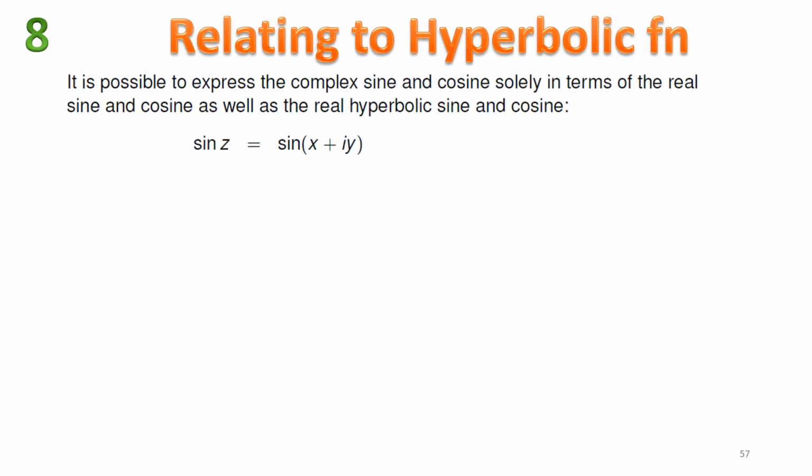Now we are trying to relate the quantities to hyperbolic functions, and sine of z we are writing as sine of (x plus iy). Now we can extend the formula: sine(alpha plus beta) is equal to sine alpha cos beta plus cos alpha sine beta. So here alpha is x and iy is beta.